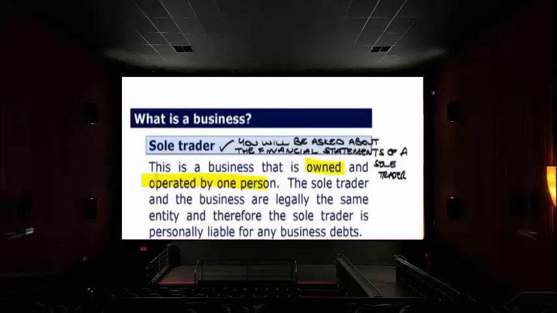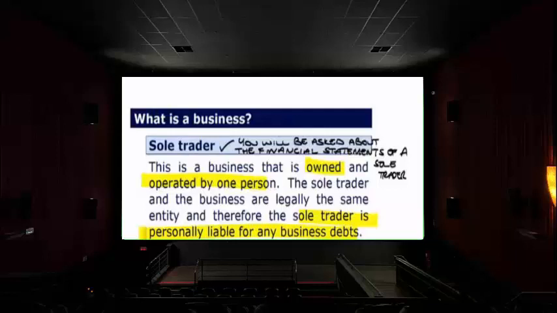The sole trader is personally responsible and liable for any debts that his business enters into. Okay? So a sole trader is personally liable for any business debts.